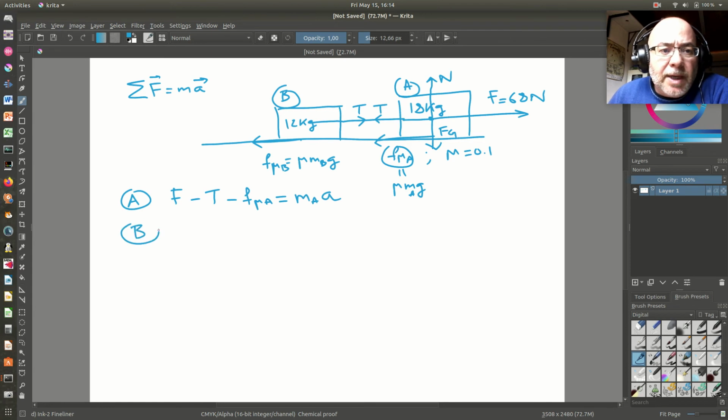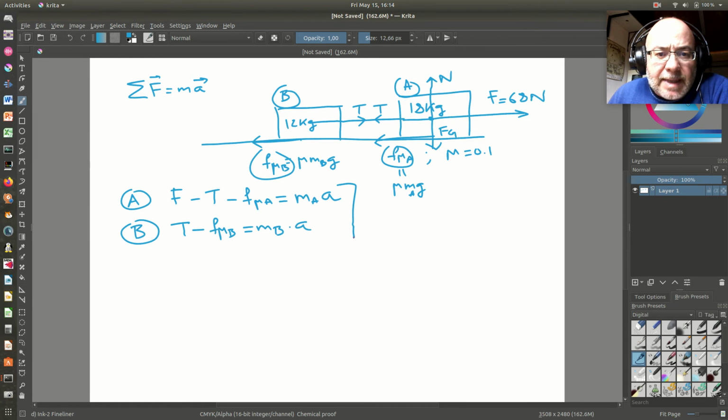And for block B, the tension goes to the right, and is the only force going to the right; the only force going to the left is the frictional force, which is equal to mass B times acceleration.